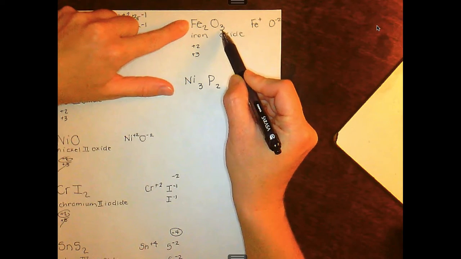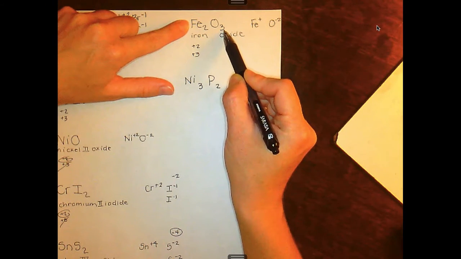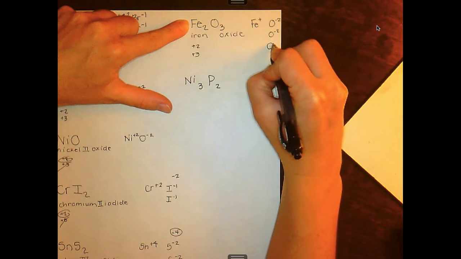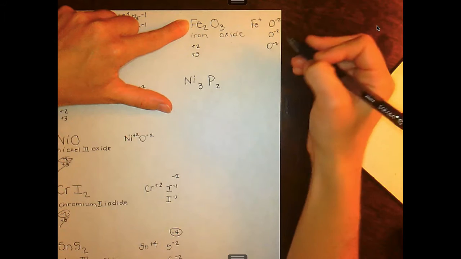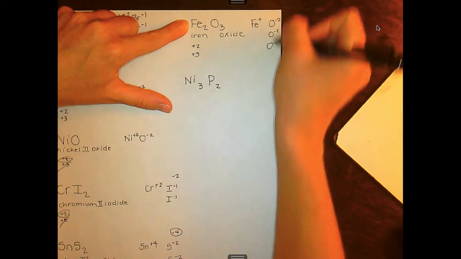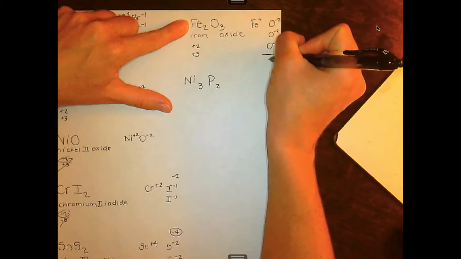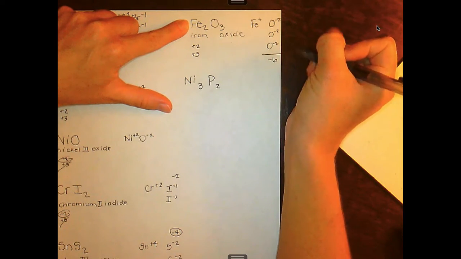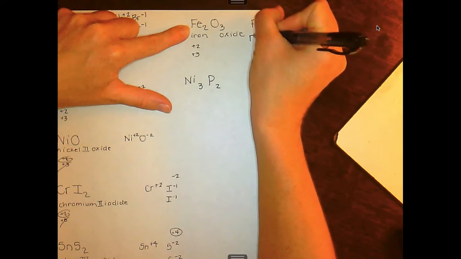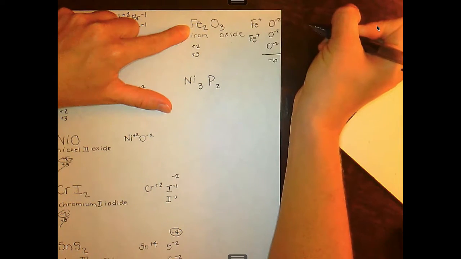Now look over here. How many oxygen atoms do you have in this? You actually have 3 total oxygen atoms. 1, 2, 3. And each oxygen atom has a charge of -2. So what's the total charge here on that oxygen? A -6. Notice over here you have 2 iron atoms. So I'm going to draw another iron atom down here.